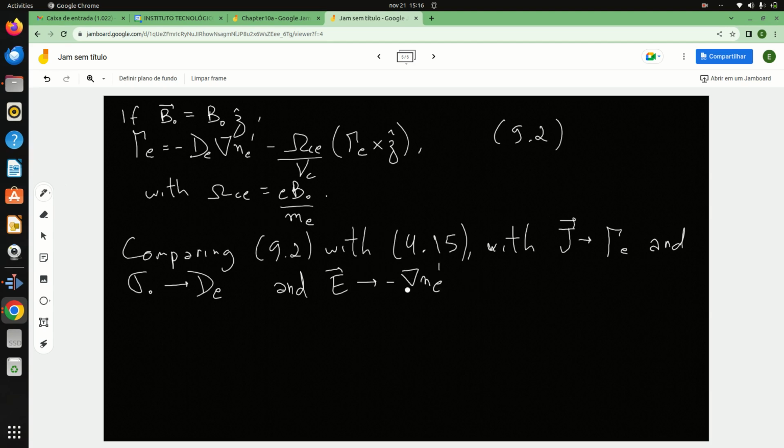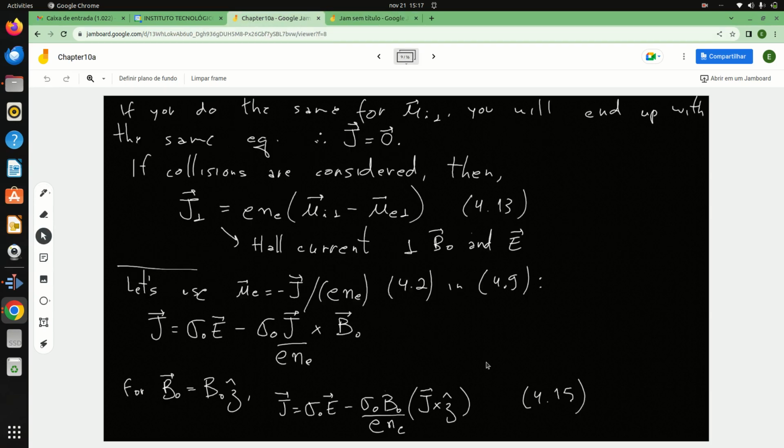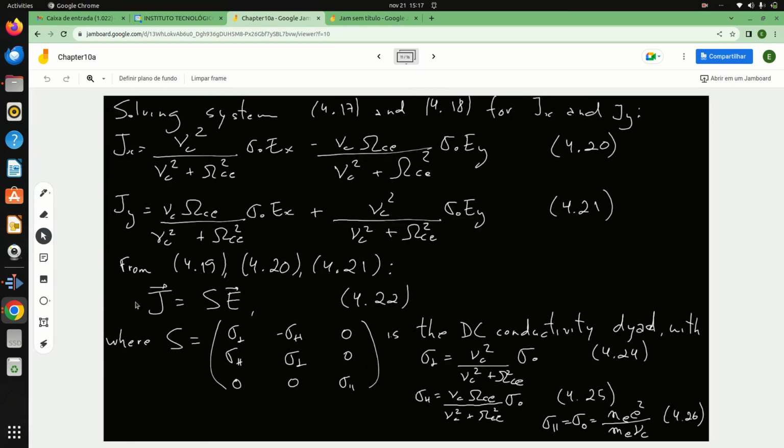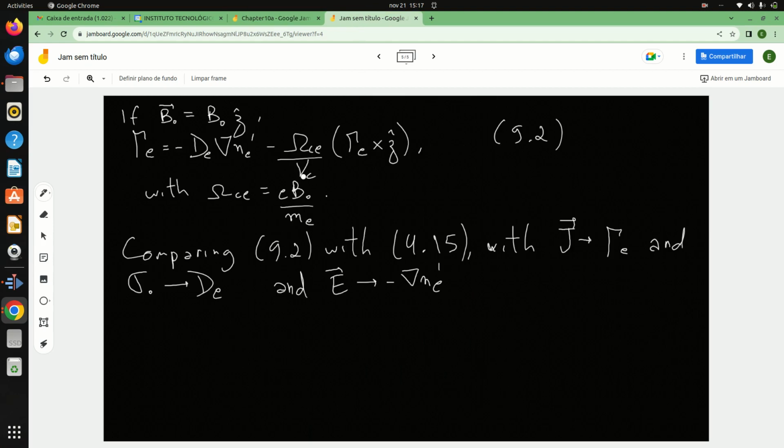So if you change all these things in analogy with 4.22, where is 4.22? I have this for J, and then for J we have 4.22. Then we can write gamma E is actually minus D, the divergence of this, okay.